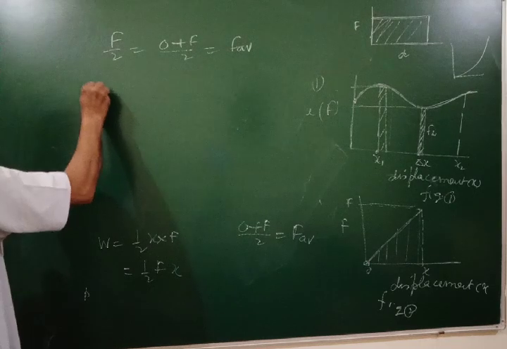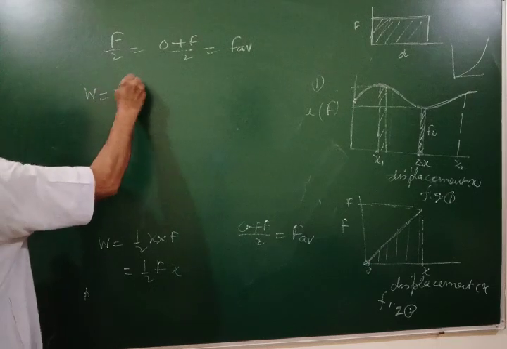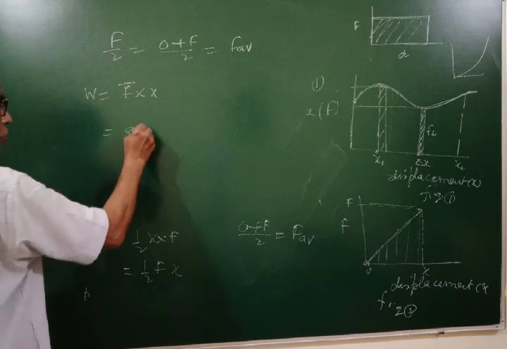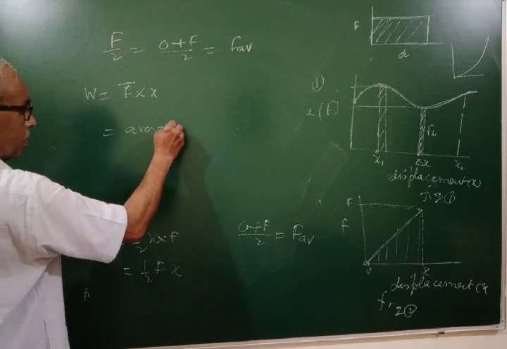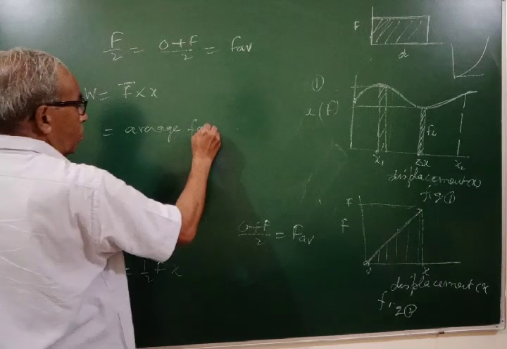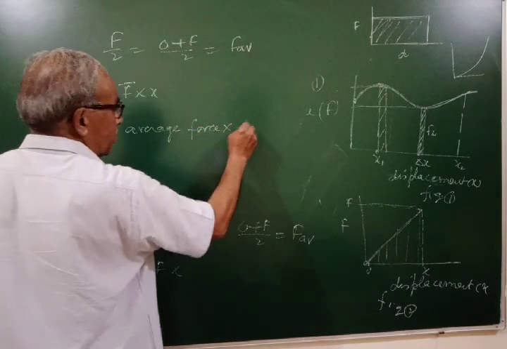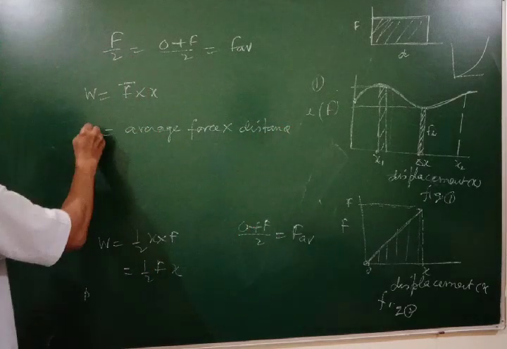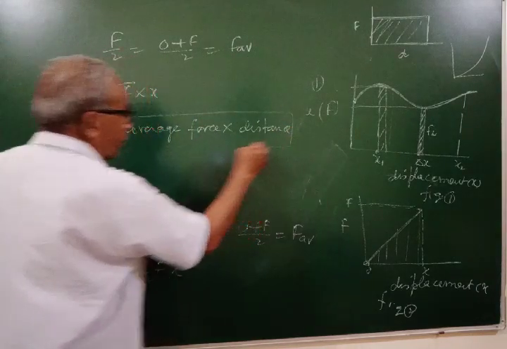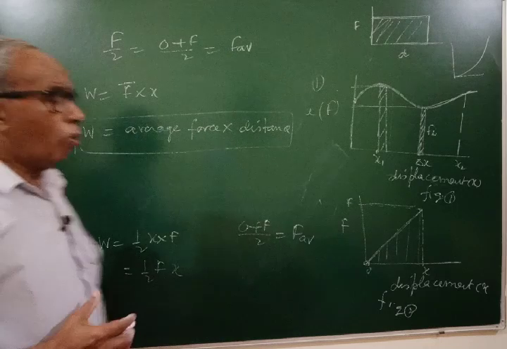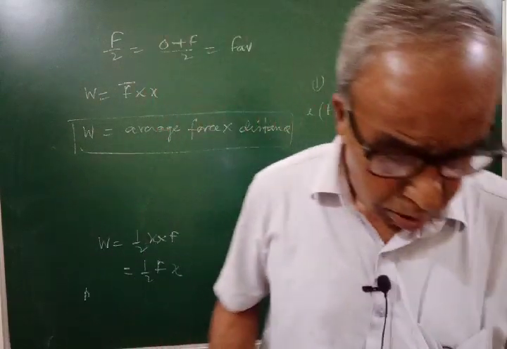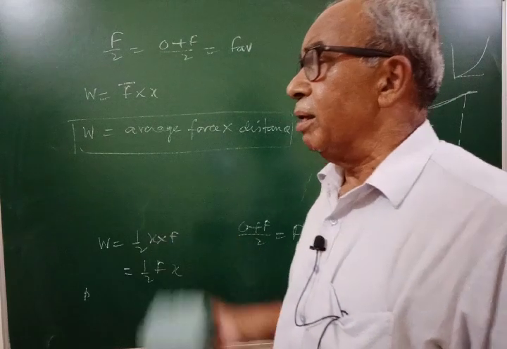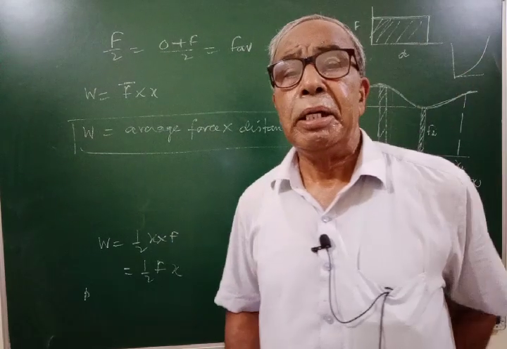W is equal to F bar into x, that is, average force multiplied by distance. This concept is also used in many cases to find the work, but where force varies in a random manner or not linearly, there we use the integration method.